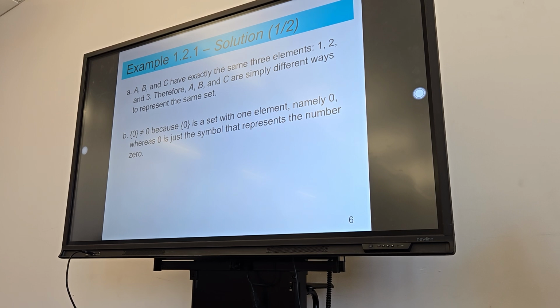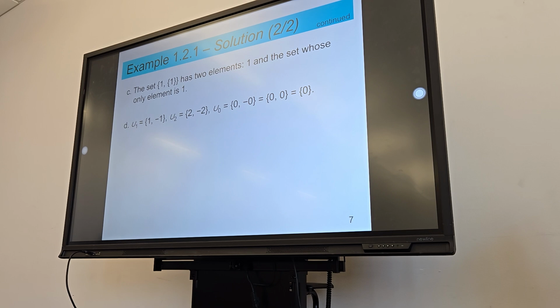And B covered that as well. And look at D: U1 is {1, −1}, U2 would be {2, −2}. U0 is {0, −0}, which is equal to {0, 0}, which is equal to just plain a set with the single element 0 in it.